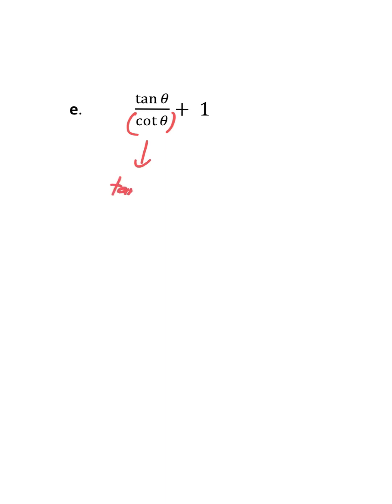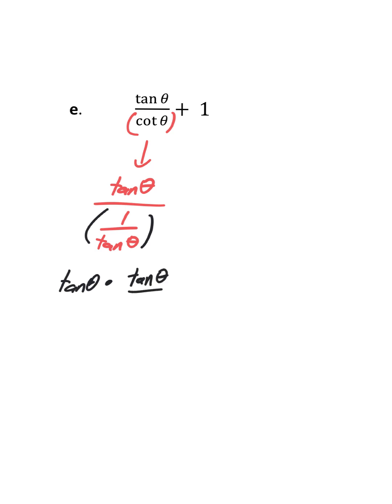So this will be tangent theta over 1 over tangent theta. That looks kind of familiar, right? We can now flip this. So tangent theta times tangent theta over 1, which is tangent squared theta.